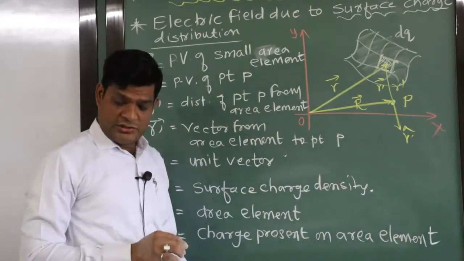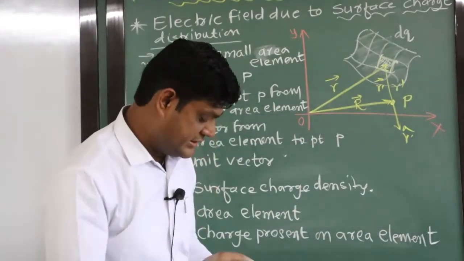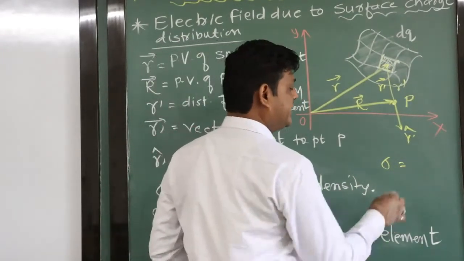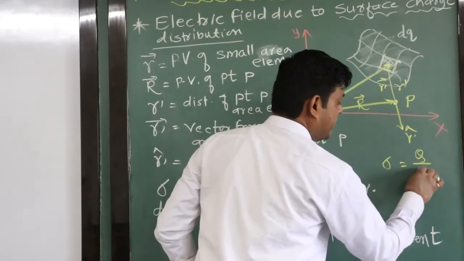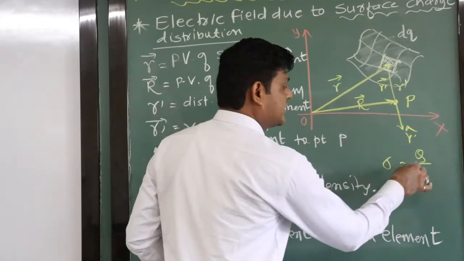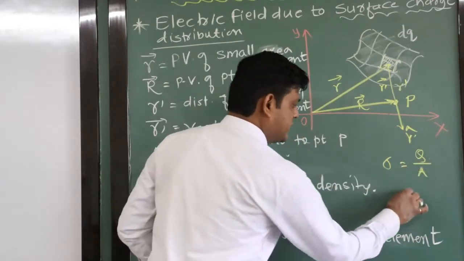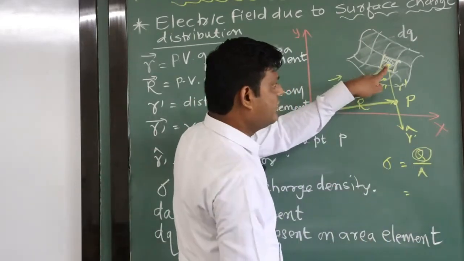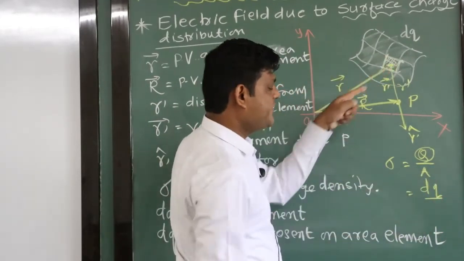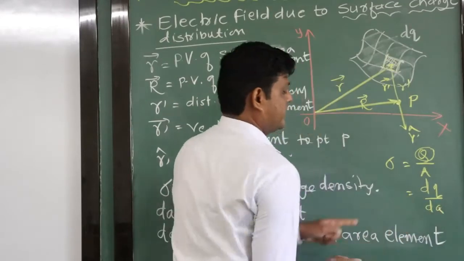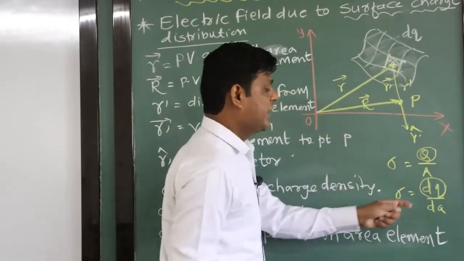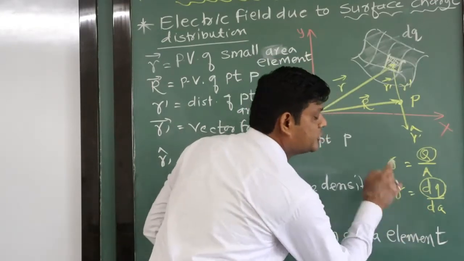We know the definition of surface charge density: suppose sigma is the surface charge density, it is defined as charge per unit area. We want to calculate how many charges are present on this area element, that is dq. The area of this element is dA. Sigma is constant, so we can calculate dq, and dq equals sigma into dA.